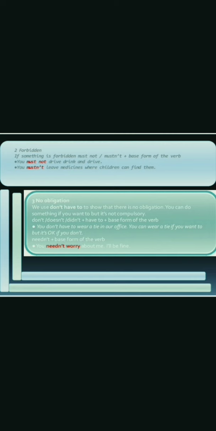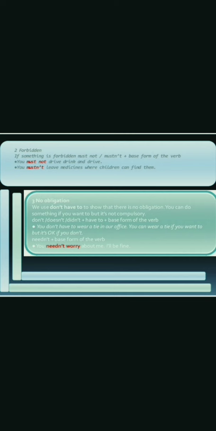Number 3. No obligation. We use don't have to, so that there is no obligation. You can do something if you want to, but it's not compulsory. Don't, or doesn't, or didn't, plus have to, plus base form of the verb.